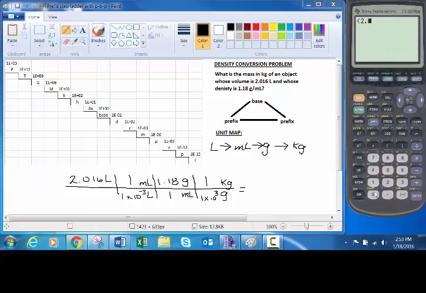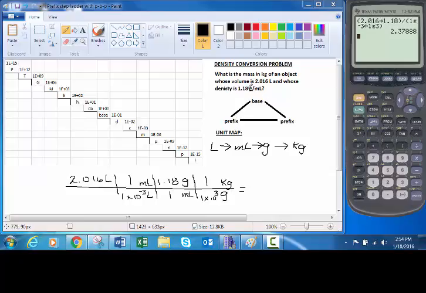Parentheses 2.016 times 1.18 close parentheses divided by 1 times 10 to the negative 3 times 1 times 10 to the third close parentheses equals. So our final answer is 2.37888.